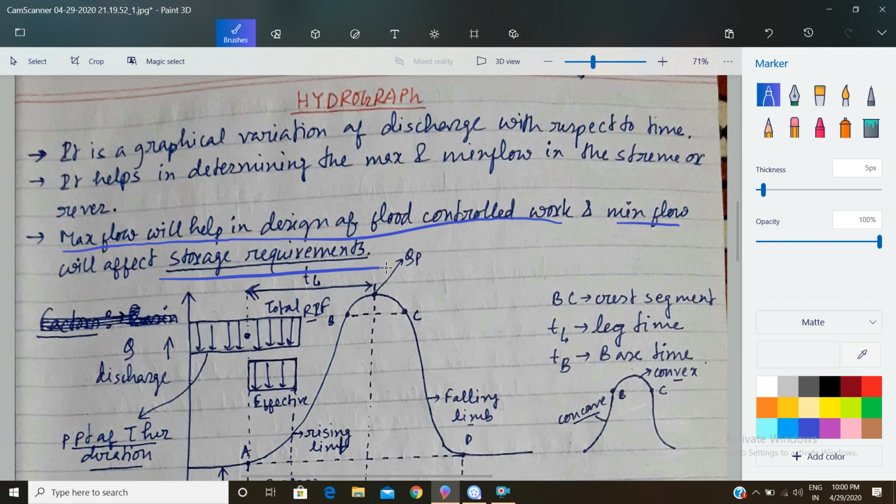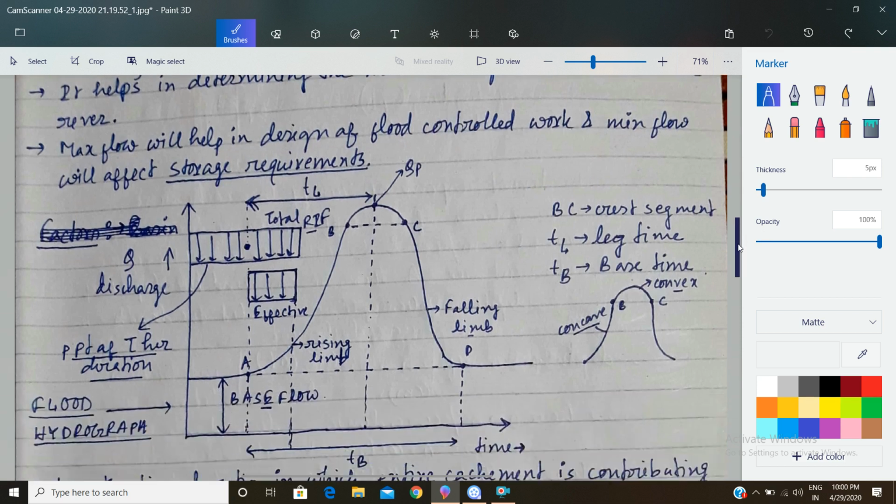So if the minimum discharge needed in the canal is, suppose, 25 cumecs, and due to the minimum flow of the channel the storage is exhausted and we are not getting the 25 cubic meters per second of water in the canal, the canal may be choked due to dry weather conditions. So the minimum flow of the stream is quite necessary along with the maximum flow.